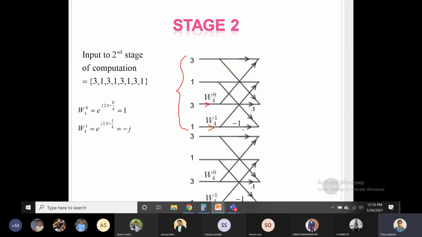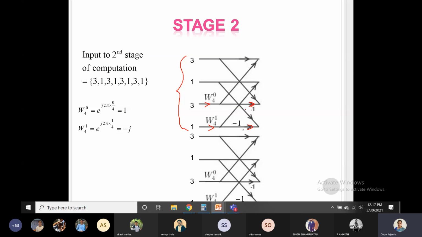In this 4 input butterfly diagram, in the third and fourth positions I will insert my twiddle factors W4 raised to 0 and W4 raised to 1, and the third as well as the fourth branch you have to multiply with -1. You can see -1 here and here also.